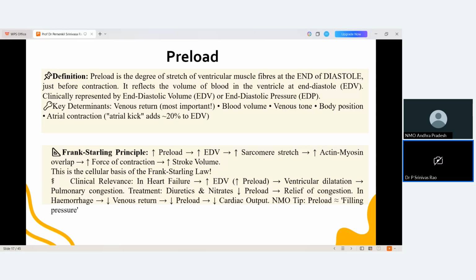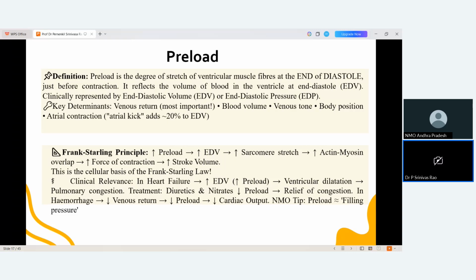So what does this principle say? Whenever there is an increase in the preload, so what is preload? The amount of blood which is coming into the heart. There is an increase in the end diastolic volume. When there is an increase in the end diastolic volume, there is a stretch of the ventricles. End diastolic volume stretches the sarcomere of the heart.